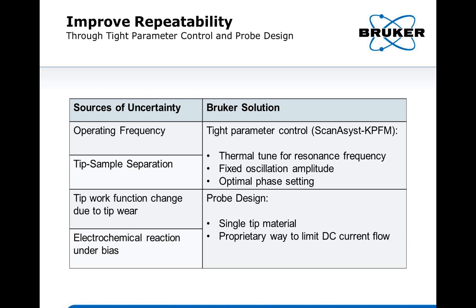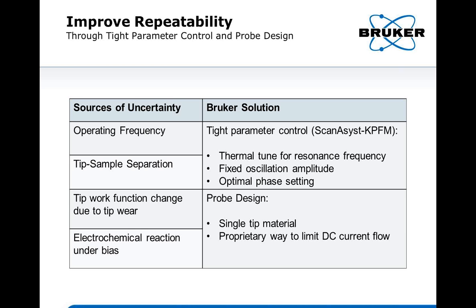If we know the deflection sensitivity, we can automatically drive that oscillation to a certain amplitude. We now fix at 20 nanometer oscillation. Also, we use optimal phase settings. So that's on the software side, on the operating parameters.